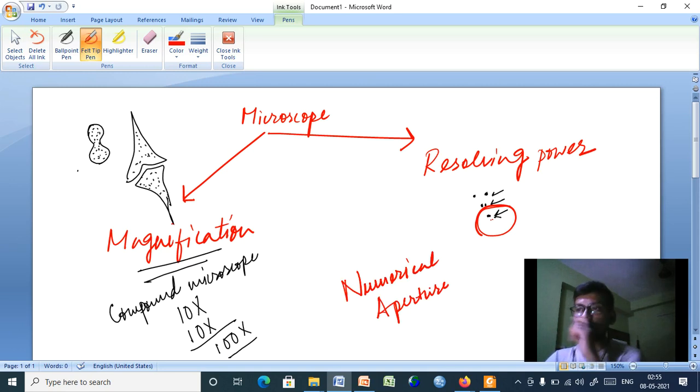A microscope with higher numerical aperture can develop a higher resolving power than a microscope with low numerical aperture. So numerical aperture is very important to establish a good resolving power.